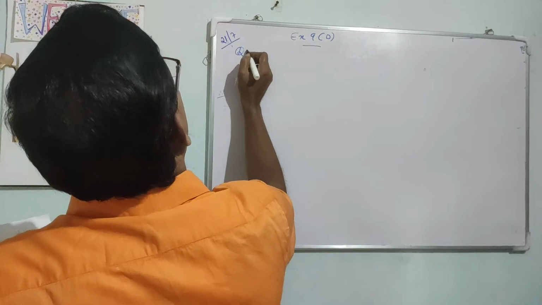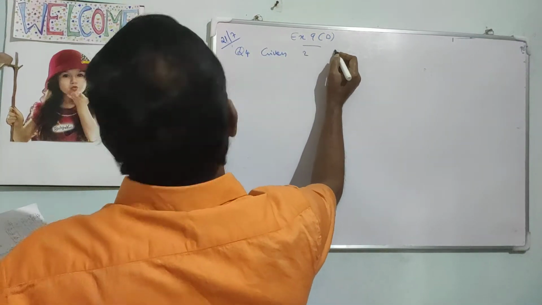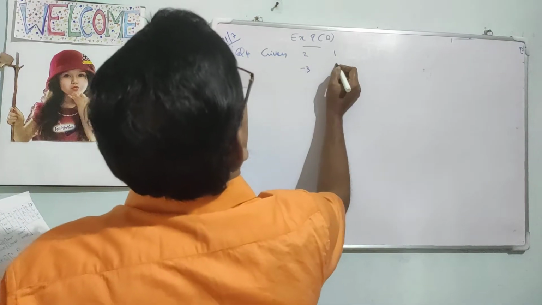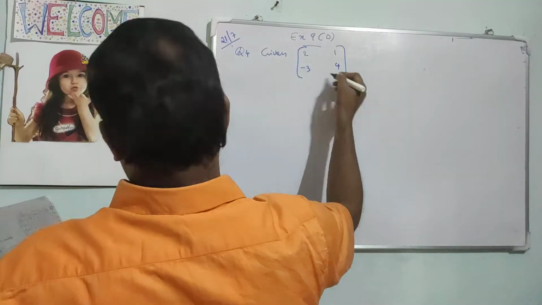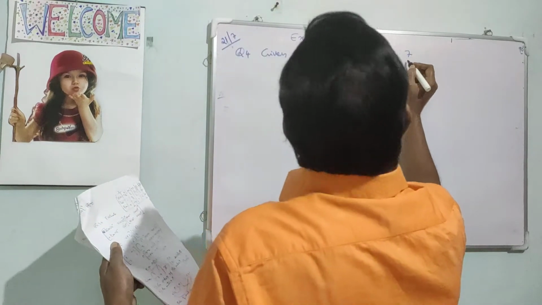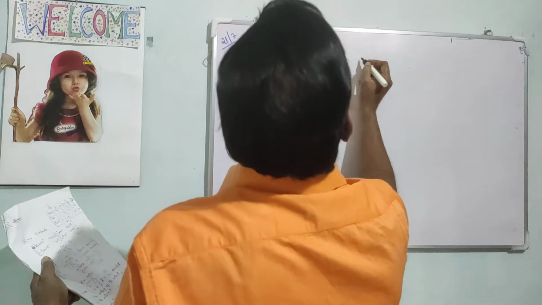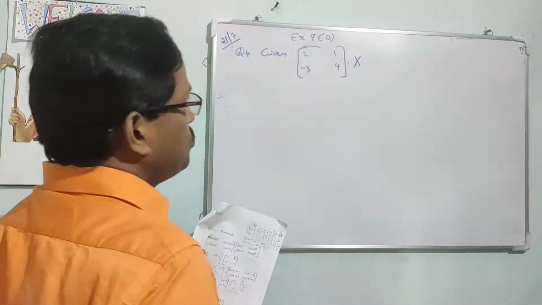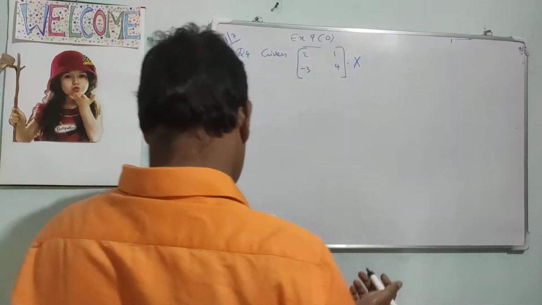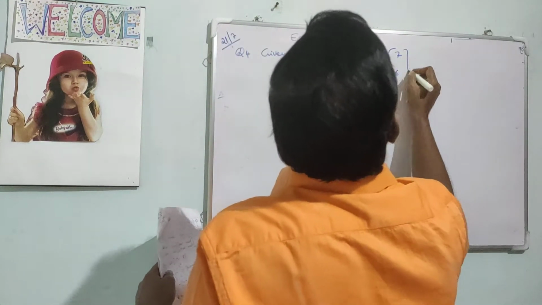That is question 4. Given the matrix 2, 1, negative 3, 4 into X is equal to 7, 6. X is a matrix, and 7, 6 is a column matrix.